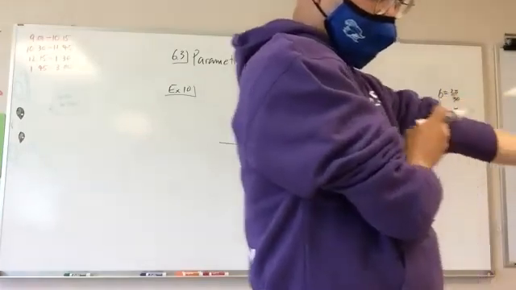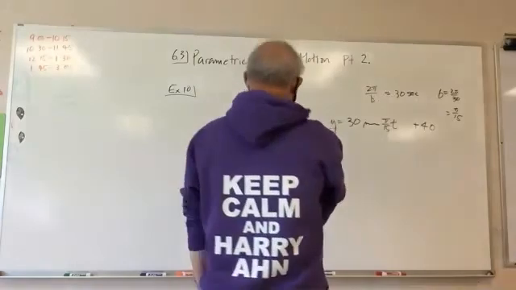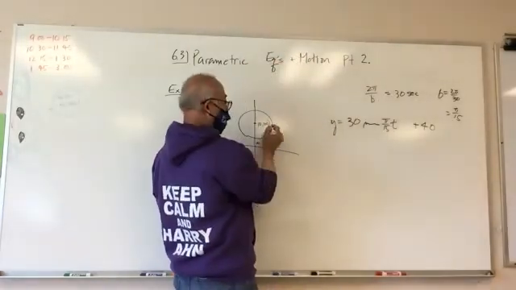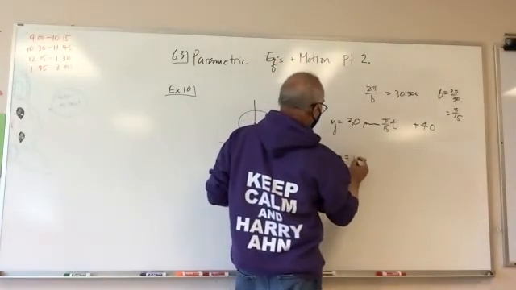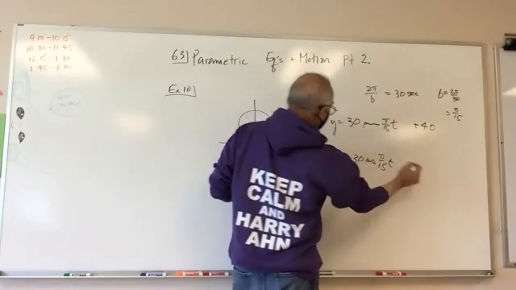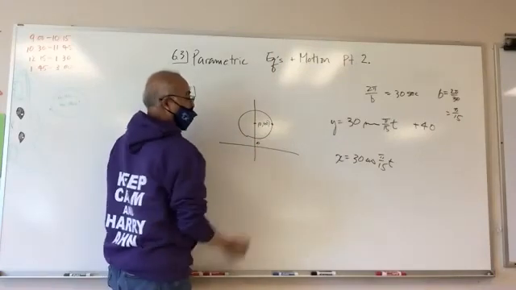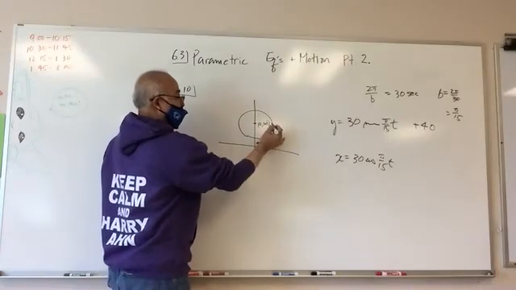Okay, so we put that, and that would be the y. The x is going to be what? 30 cosine, because the x starts from here at 30.